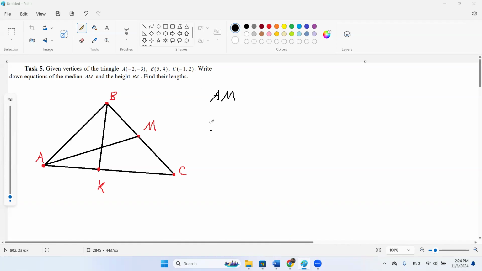Okay, so who remembers how to find the median, the M point coordinates? I know that you remember. X B plus X C and divide by 2. Yeah, and the same with the Y part. So Y B plus Y C, 4 by 2, and it equals 2.